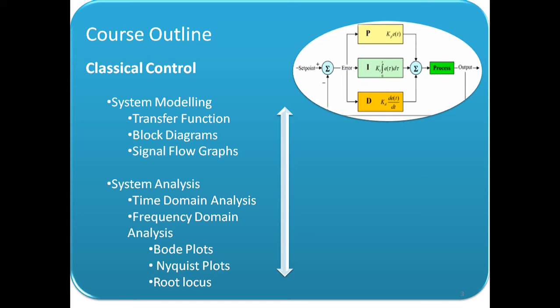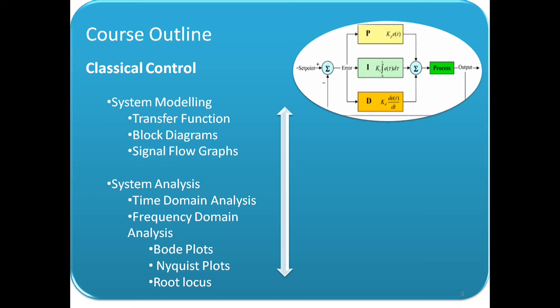Then after completing time domain analysis, we will study frequency domain analysis, which basically comments on stability of that system. In frequency domain analysis, there are different techniques like Bode plot, Nyquist plot, root locus, etc.